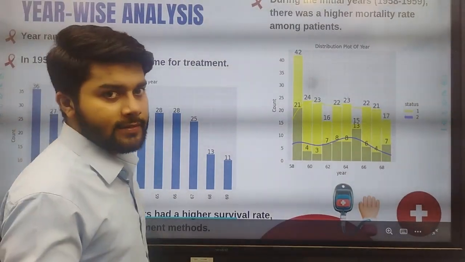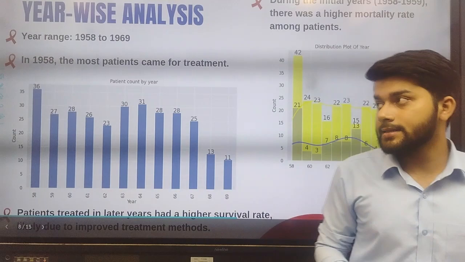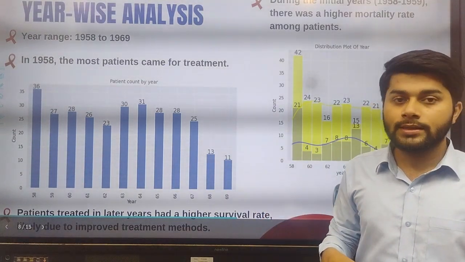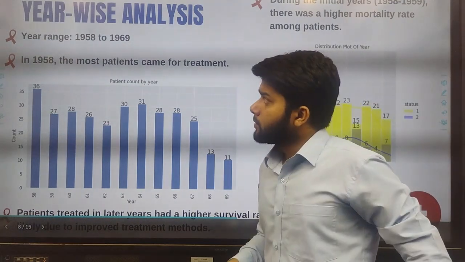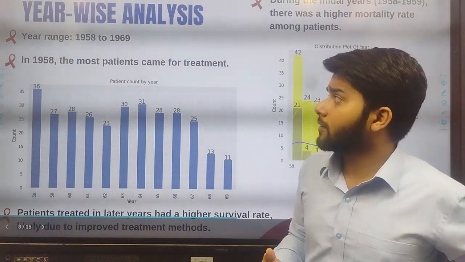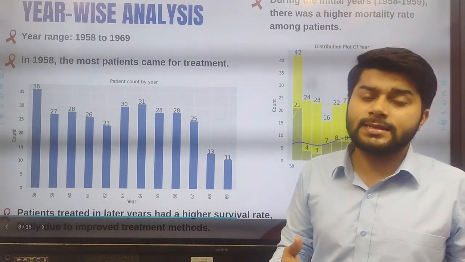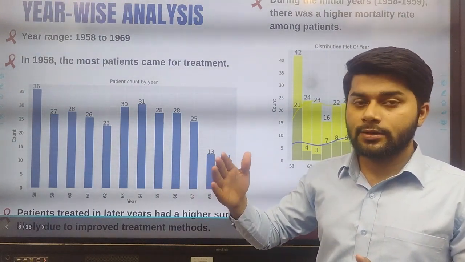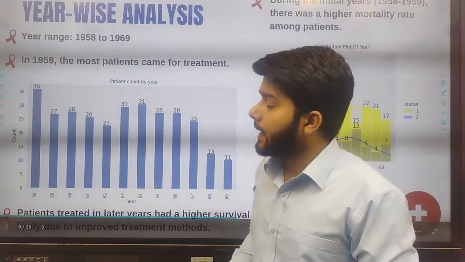So let's come to the year-wise analysis, and from here we can see the influence of year on the patient's survival. We have the year range from 1958 to 1969-70, the years in which the operations were done.